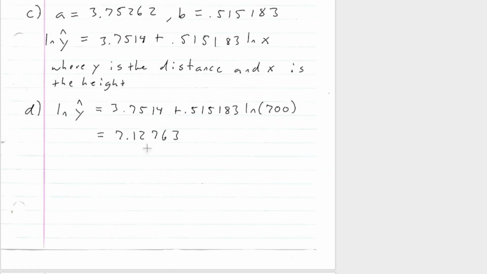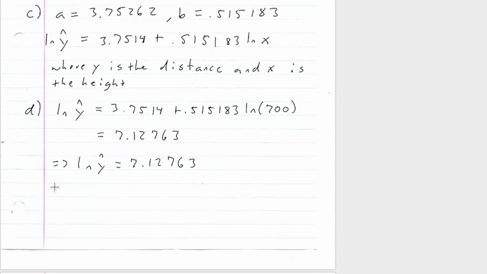So now we have the equation ln y hat is equal to 7.12763. But we're interested in the distance. We're not interested in the natural log of the predicted distance, right?